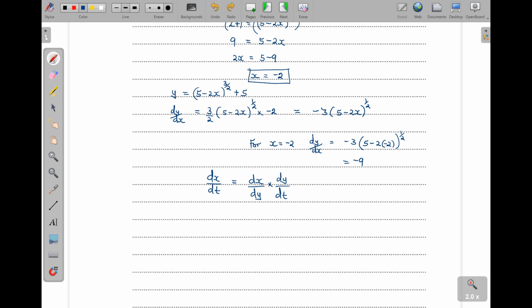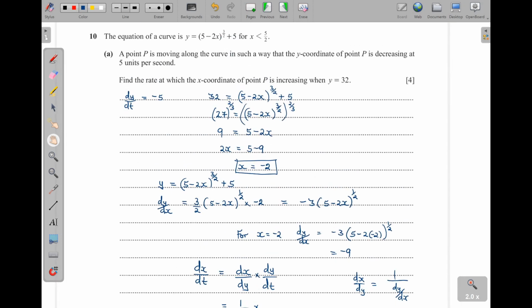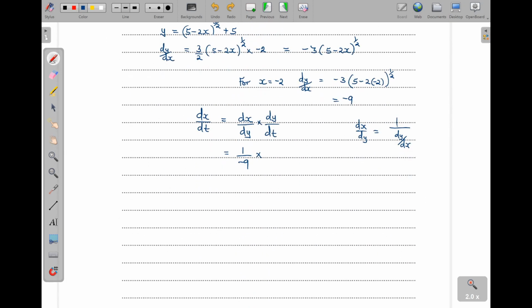Now dx/dy is the same as 1 over dy/dx. So 1 over negative 9, times dy/dt, which we got as negative 5. So times negative 5, our answer is going to be positive 5 over 9, as simple as that.